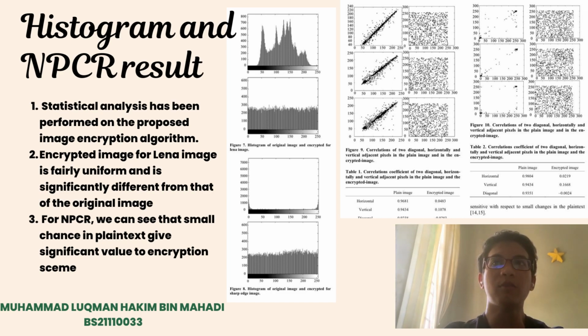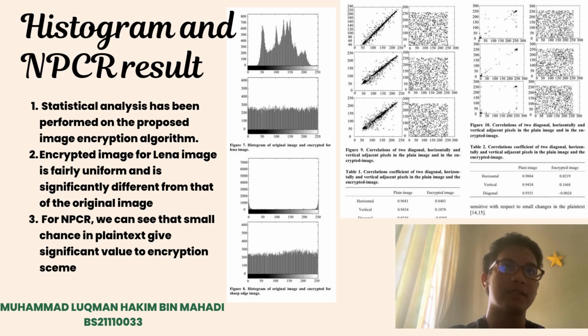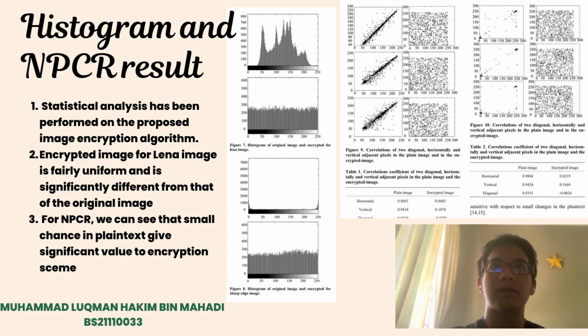And for the NPCR, we can see that a small change of the plain text gives a significant value to the encryption. For example, we can see that in the first table for the horizontal, the plain text is given the value 0.9681, and the encrypted image is 0.0483.